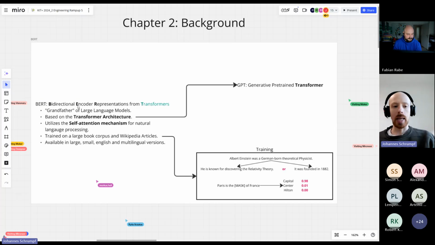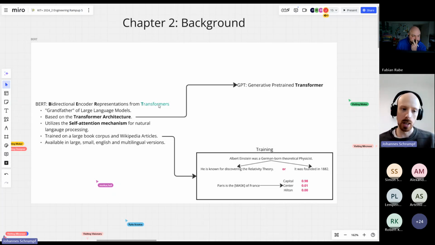And BERT came directly after the paper was released to the public, which outlined the transformer architecture. I think the transformer architecture was published in 2017, and BERT then was published a couple of months later. So it also comes from Google. So researchers at Google built the transformer architecture, and they then built BERT based on it.